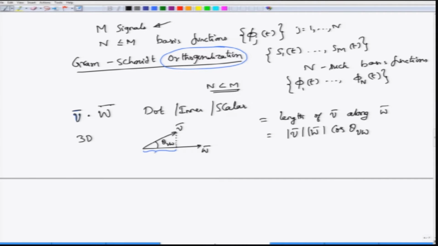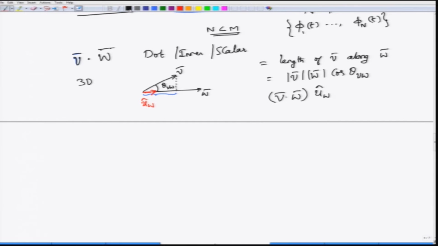If I want to find the vector component of v along w, I have to take this dot product, which is this number, and multiply it with the unit vector along the w axis. This orange one is my unit vector along the w axis. Of course, this is symmetric geometrically, so the component of v along w is exactly equal to the component of w along v. That is essentially the physical interpretation of this inner product.